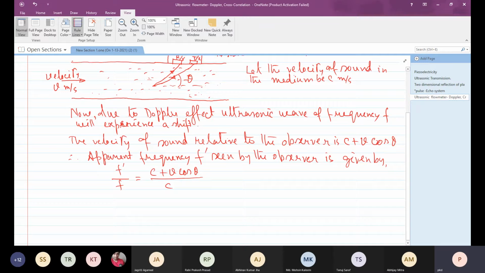The frequency as observed by the particle, which will act as a secondary source, will also experience a frequency shift.